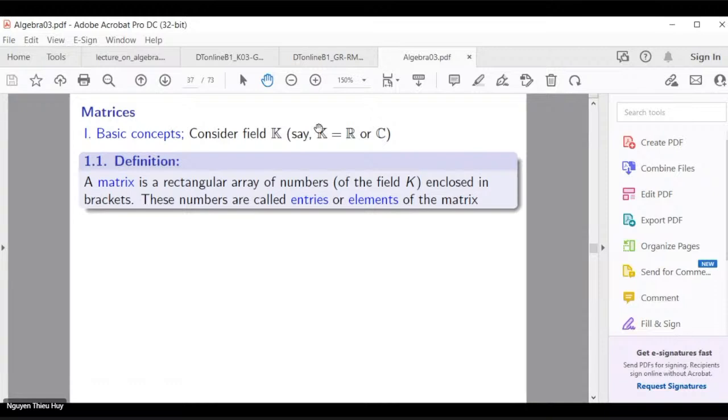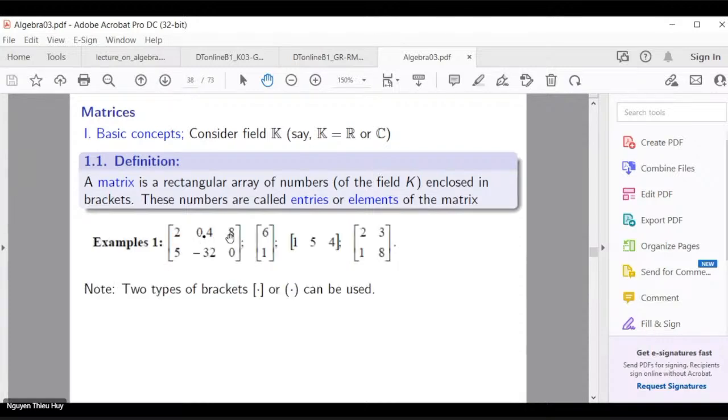Then we can define a matrix simply as a rectangular array of numbers of this field K, R or C, enclosed in brackets, and these numbers are called entries or elements of the matrix. So here you have a rectangular array with 2 rows and 3 columns.